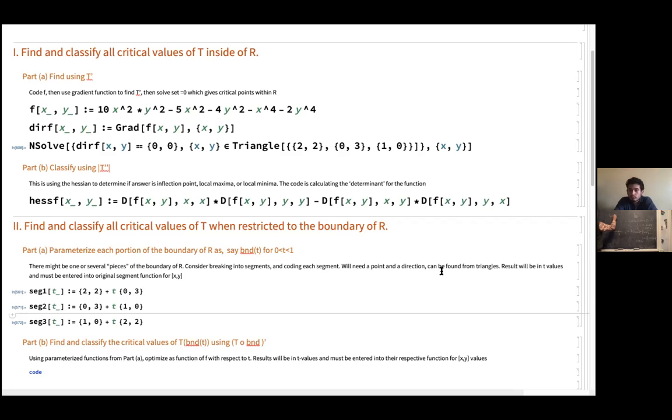F composed with u1 of t, we have a formula for it. It's a little complicated, but not bad: 1 plus 3t squared minus 2 plus t cubed times 1 plus 3t plus 4. So there is the formula.